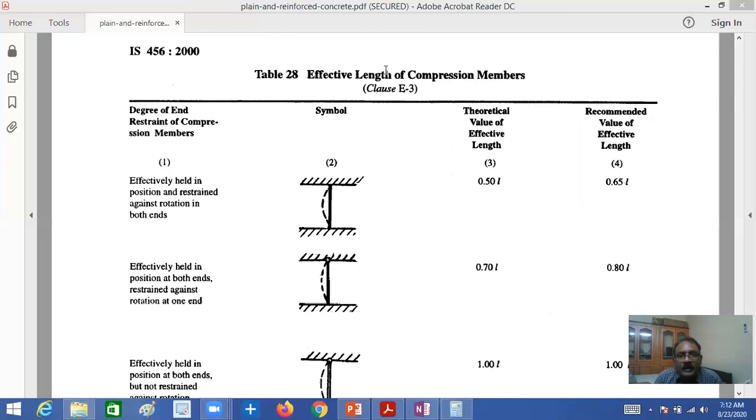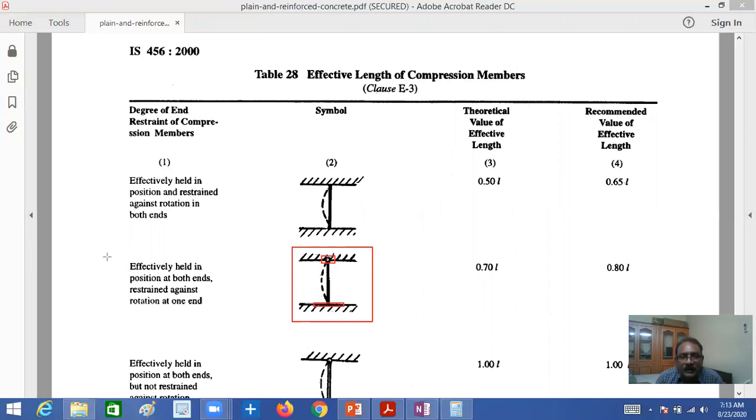Here one end is fixed, and the other end is not restrained against rotation. The column is there, but there is a chance of rotation.